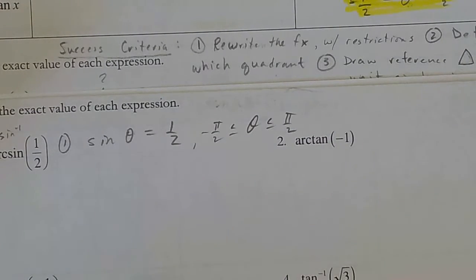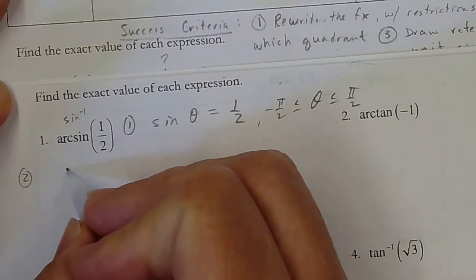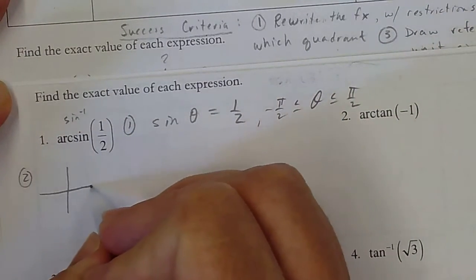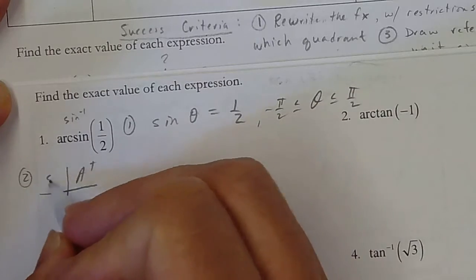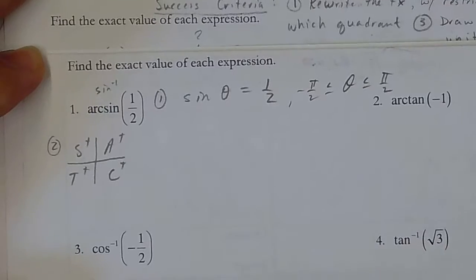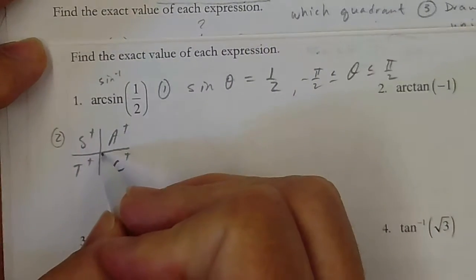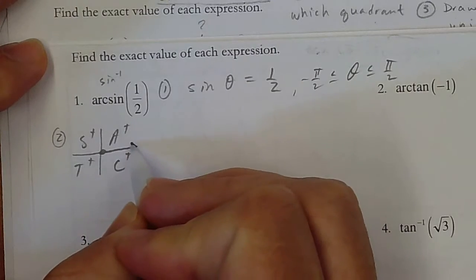Step 2, determine which quadrant this angle lies in. All right, let's go back to our ASTC trig class to help us figure this out. Okay, remember the angles are still always going to start at the positive x-axis.